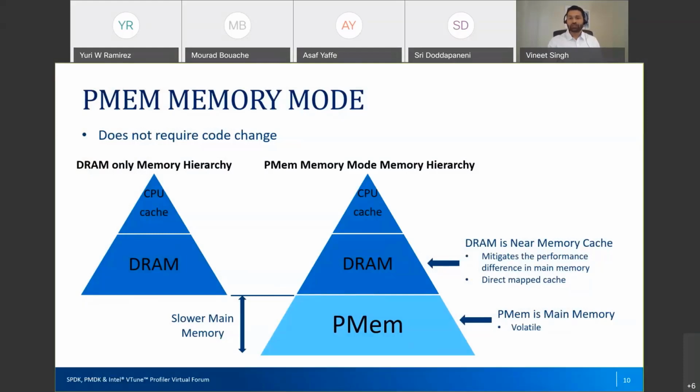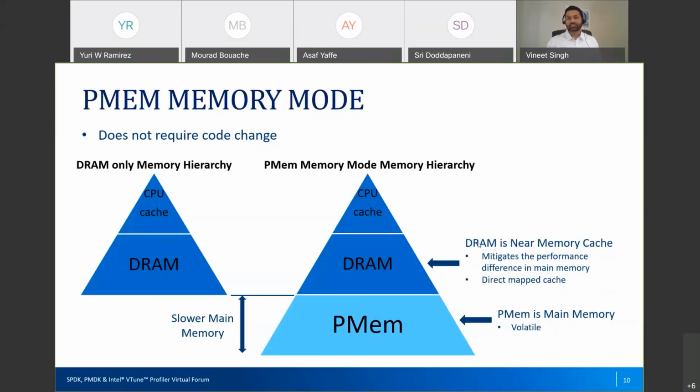Now, PMEM becomes the main memory in the case of memory mode, also known as 2LM mode, because 2LM stands for two-level memory. Your new main memory, PMEM, is actually slower than your previous main memory, so the performance will take a hit here.